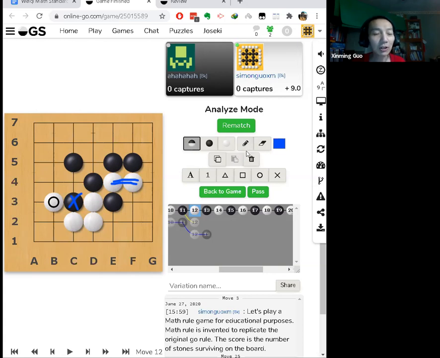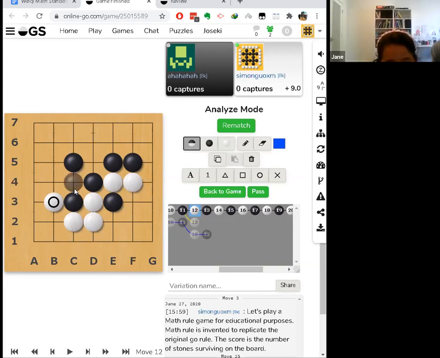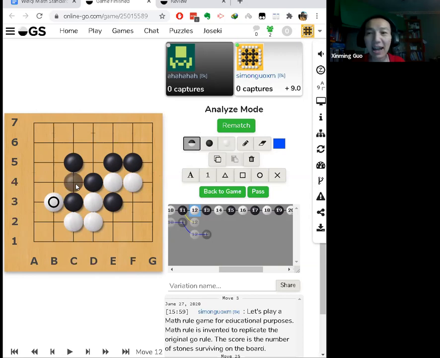So now it's black's turn. What should black do? Do you want to play here to try to capture these two white stones, or play here and connect? Which one do you think is bigger?